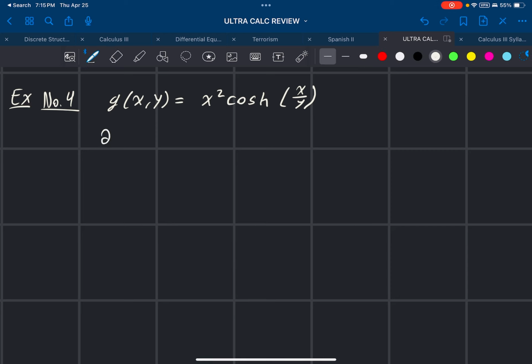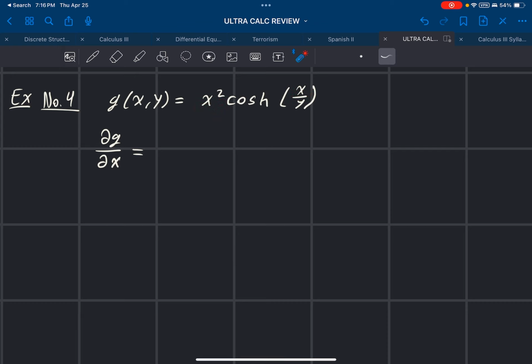So partial g, yeah, the partial derivative of g with respect to x. For this one, it's going to be a little bit different. Notice how x is present in both these terms that are being multiplied together.